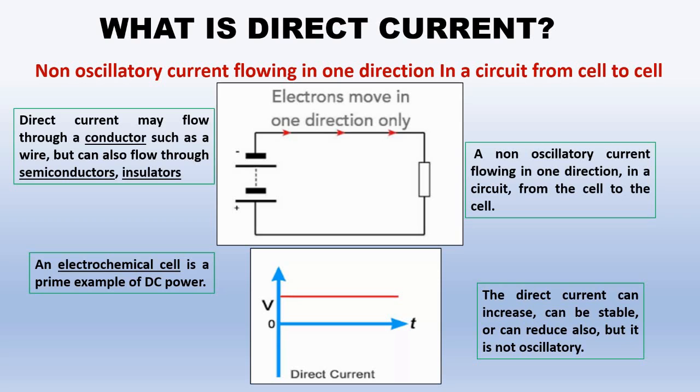If we want to increase this direct current, we can increase it. Also we can decrease it, and also we can keep it stable. So this is all about the direct current. We just have to keep in mind that direct current is not oscillatory. It flows in one direction, and a battery is an example of a DC power.